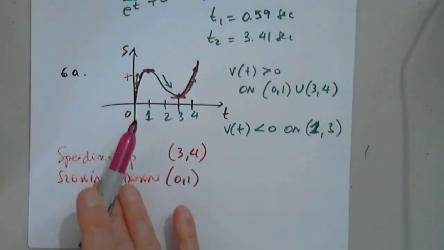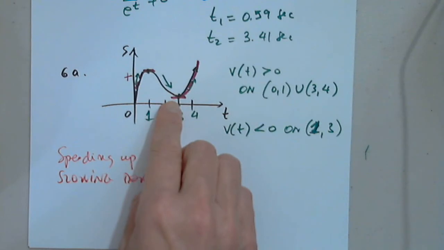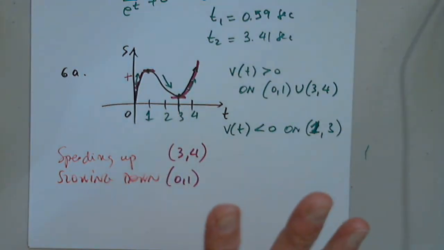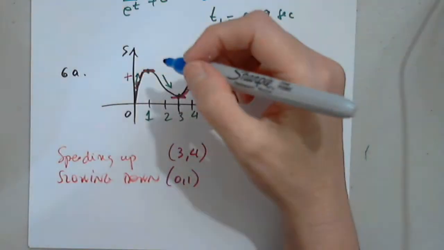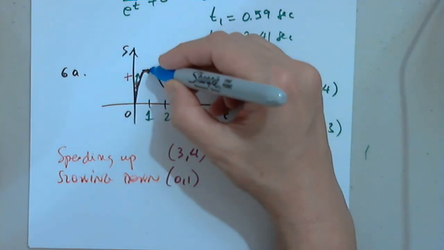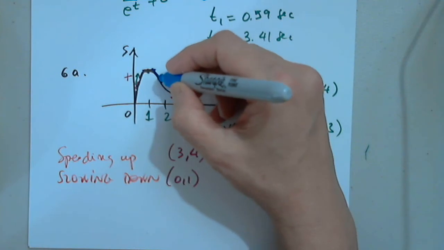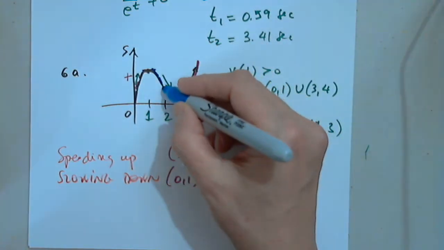Now let's analyze what happens between 1 and 3. I know that the velocity is negative. We know that. But we want to know whether it's speeding up or slowing down. So it starts with 0 speed, and then a little bit steeper, and then a little bit steeper, till a certain point.